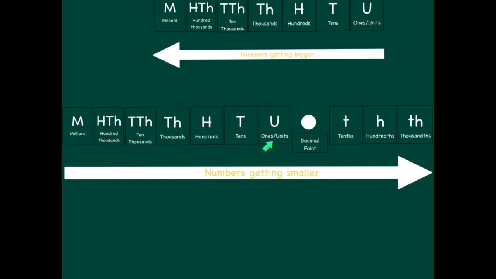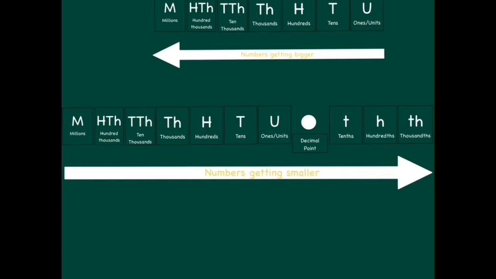But what happens when we divide a 1, a unit, by 10? Well, then we need to use this very important symbol here, the decimal point. And we end up with tenths, hundredths, and then thousandths, as we get 10 times smaller each column.